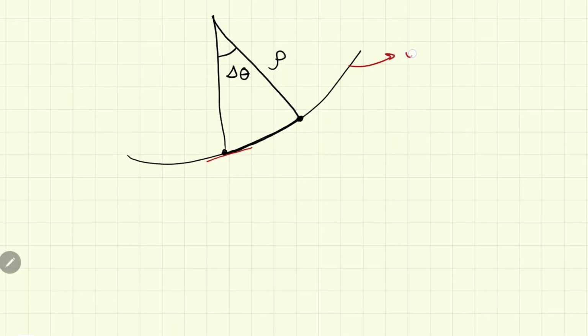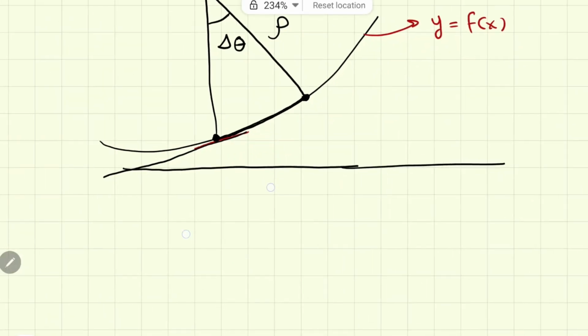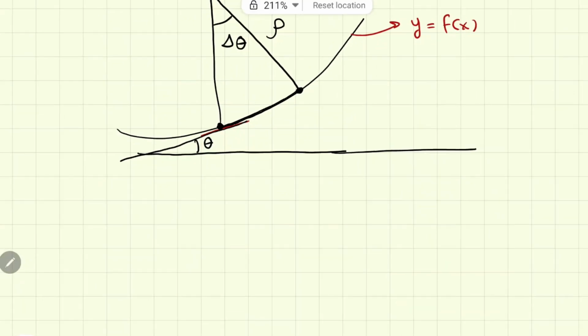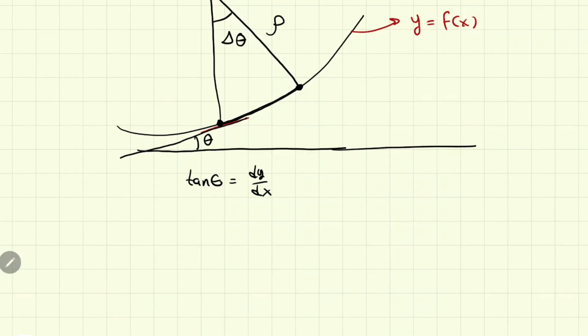If this is the curve y equals f of x, then we know that if this line is tangent at that point, the angle that it makes with the horizontal axis can be equal to a given angle, maybe theta, right? So tangent theta is equal to the derivative of y with respect to x, evaluated at that point.